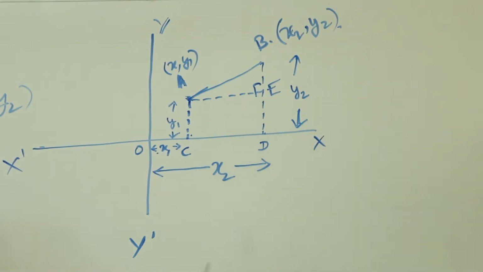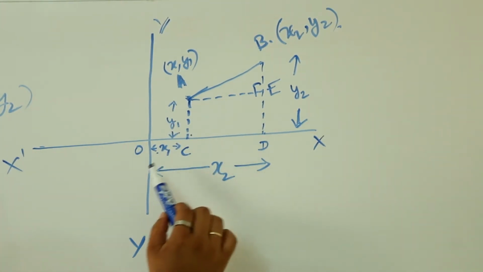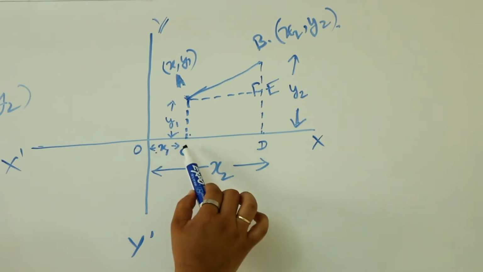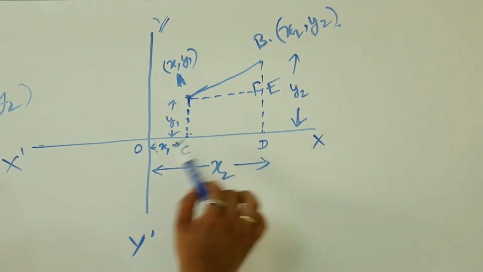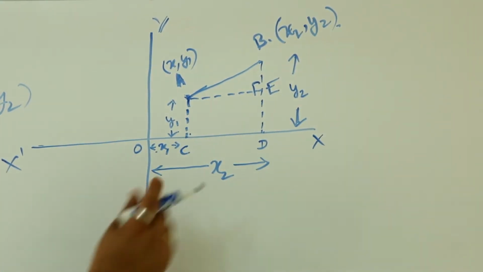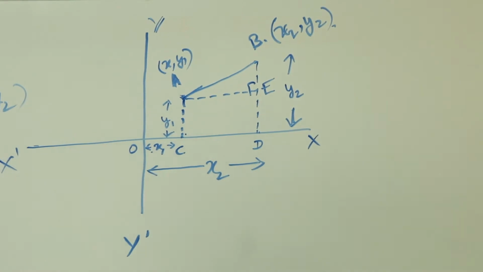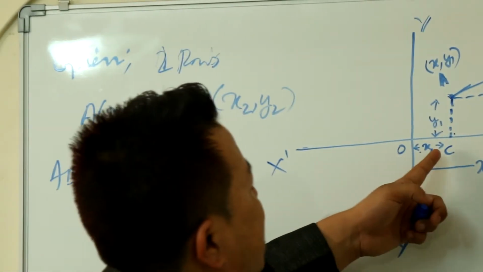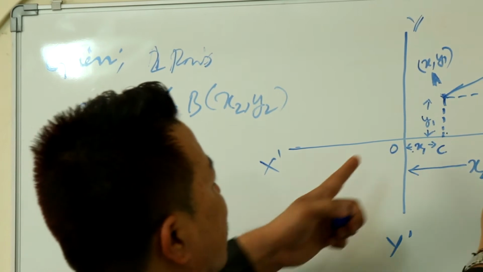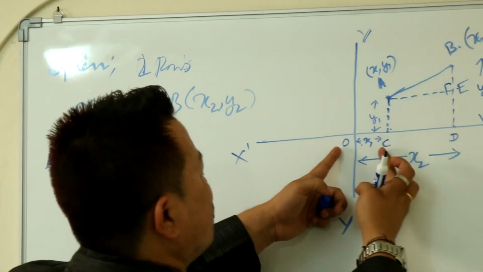Now what is the distance between CD? How can you calculate it? Now see the diagram: CD is OD minus OC.